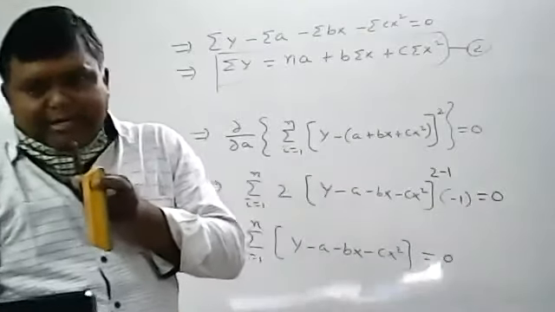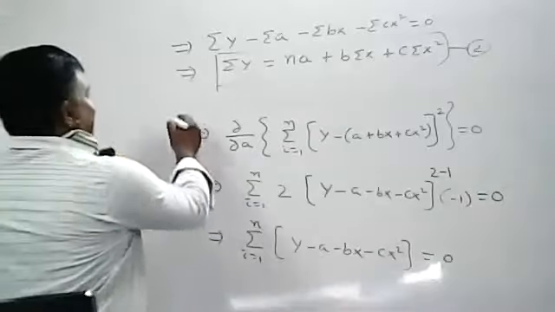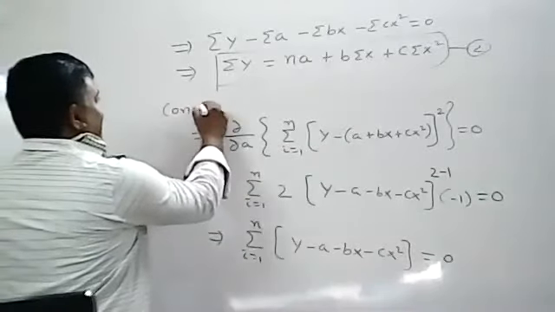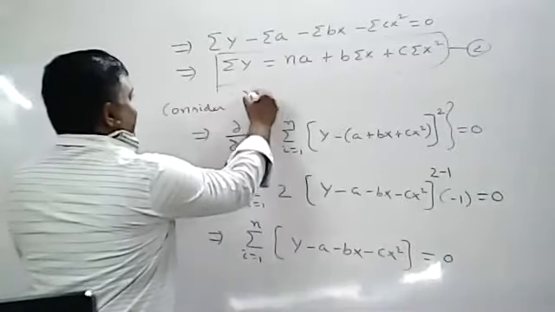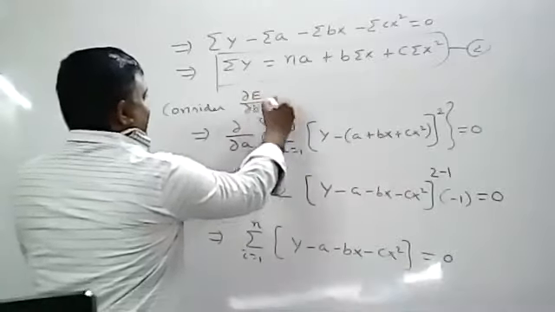Next, what you have to do? ∂E/∂b equal to 0. Next line. Consider ∂E/∂b equal to 0.